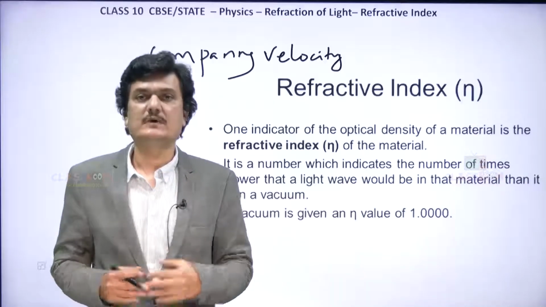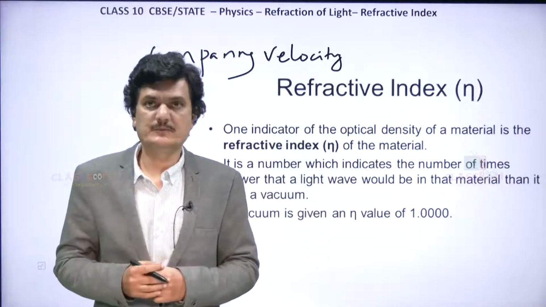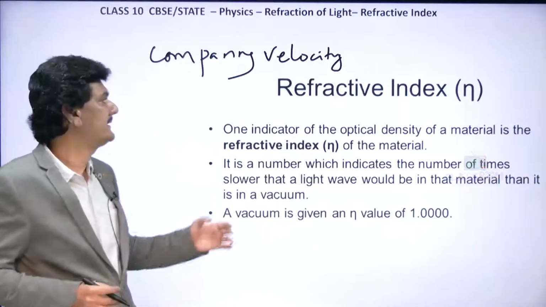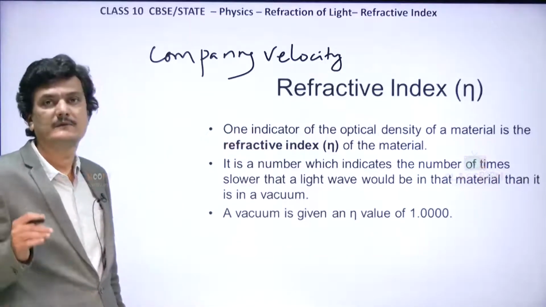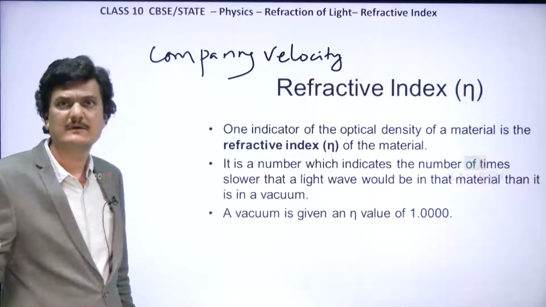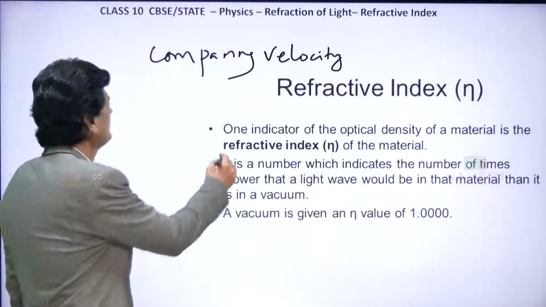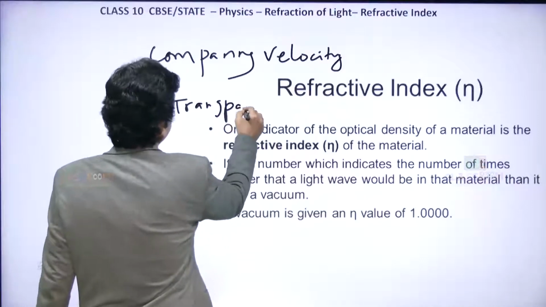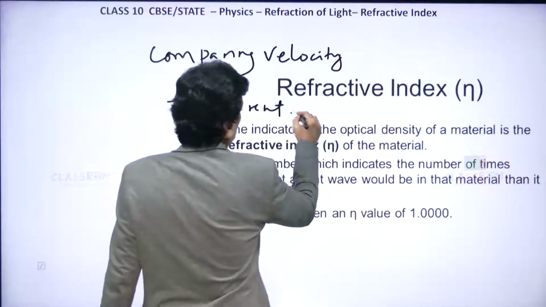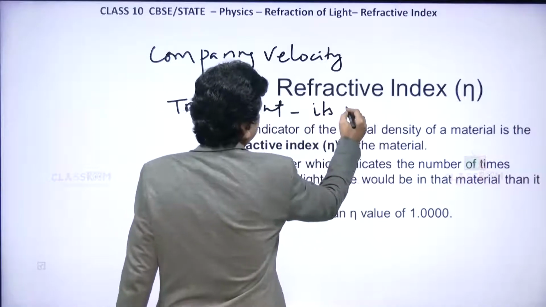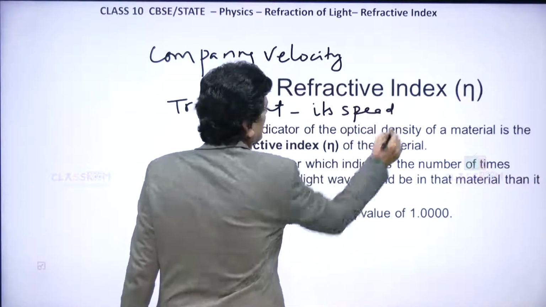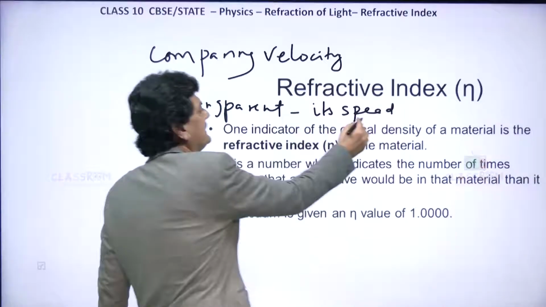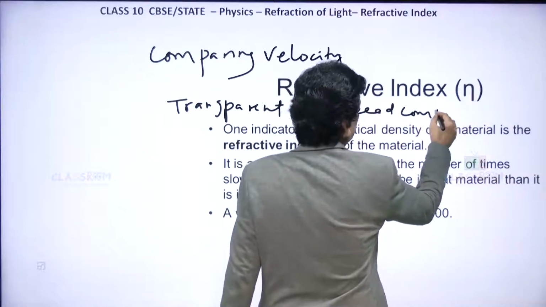For comparison, there should be one fixed standard. So refractive index compares the velocity of light in any given transparent medium with vacuum. Its speed is compared with vacuum. That is done by refractive index.